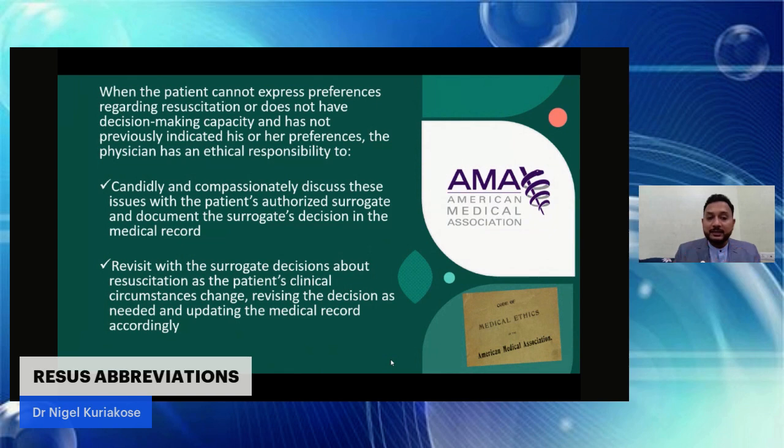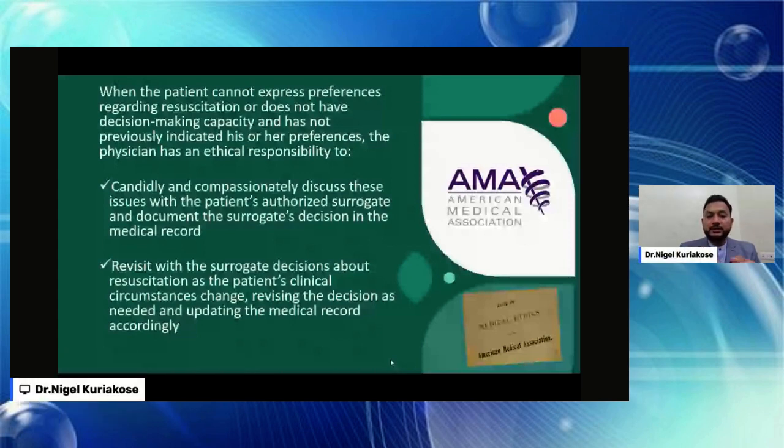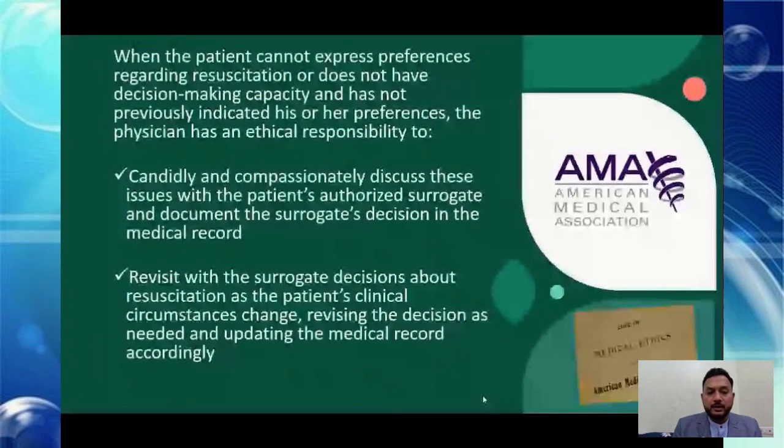He can candidly and compassionately discuss these issues with an assigned patient's surrogate, which is an authorized person, and document the surrogate's decision in the medical record. He can revisit with the surrogate decisions about resuscitation as the patient's clinical circumstances change, revising the decision as needed and updating the medical record accordingly, depending on how the patient's clinical condition changes.